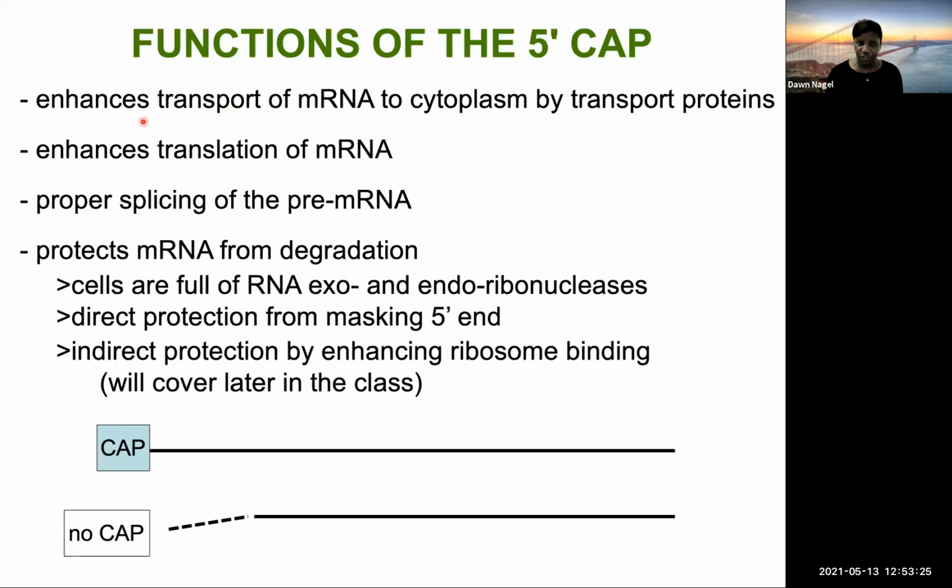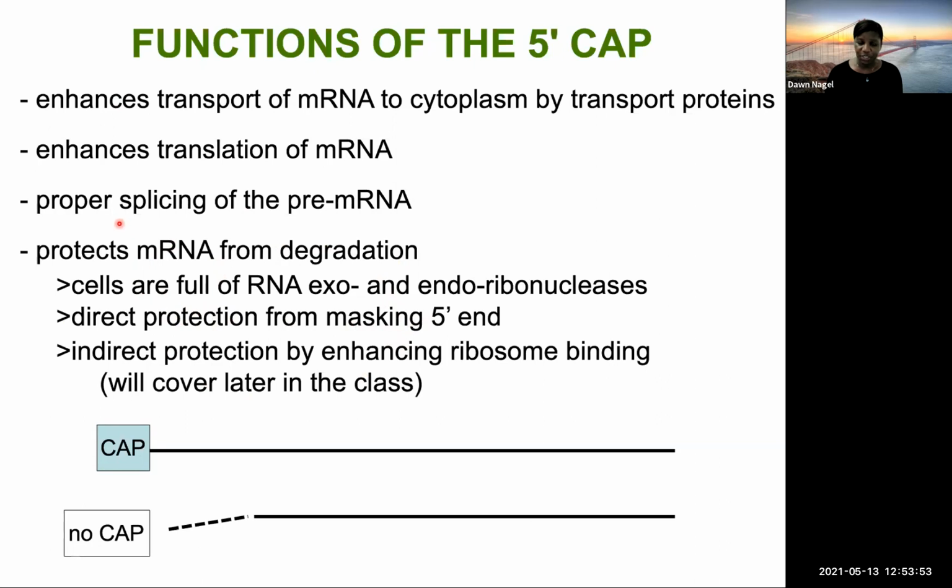As I mentioned, the function of this 5' cap is really to protect the mRNA from degradation. So having that cap helps to mask that end from exonucleases, because they're also acting at the end, and also from endonucleases that can cleave within the piece of RNA, so they are not able to chew up or degrade that RNA.